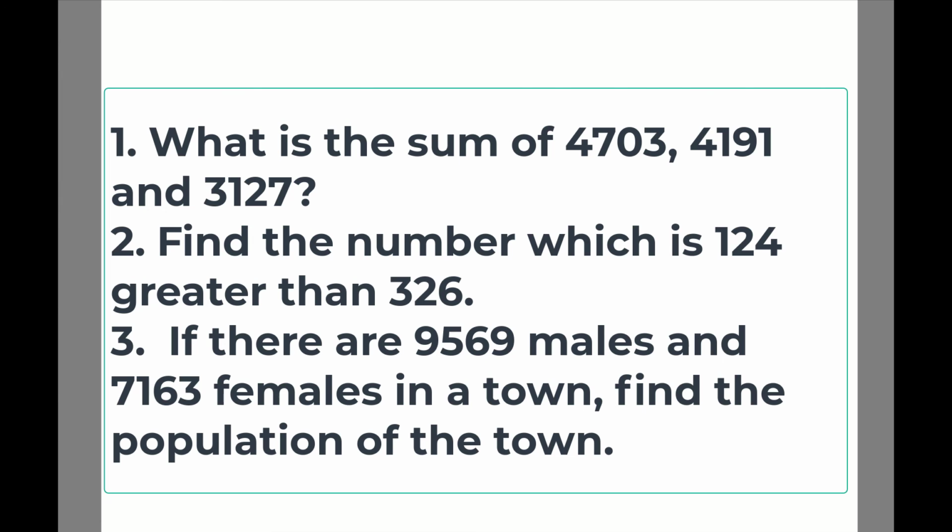And the last question is, if there are 9,569 males and 7,163 females in a town, find the population of the town. Find the number of males and females in the town. That's what the question is asking you to do.